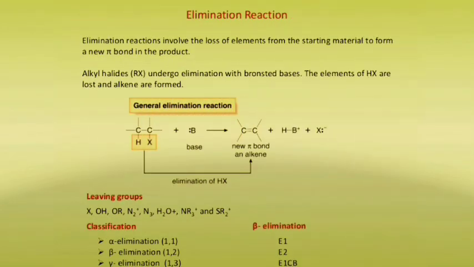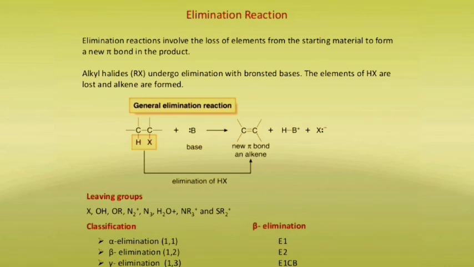And the last is elimination reaction. In this reaction, two atoms or groups attached to adjacent carbon atoms are removed without being replaced. These are called beta eliminations. It results in the formation of multiple bonds, and thus it is the opposite of addition reaction.